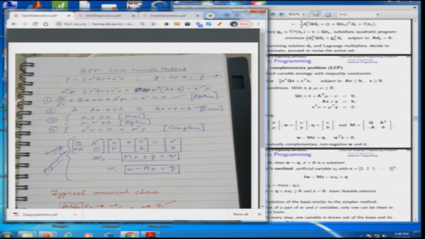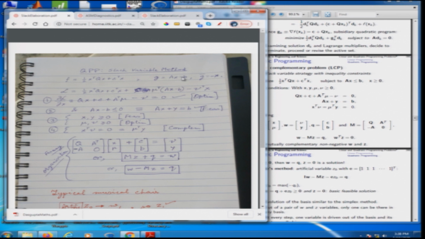So, the Lagrangian will be this whole thing plus mu transpose this plus nu transpose this, and that is why minus nu transpose x. And when you try to find the optimality conditions from here, you basically differentiate with respect to x. So, from here you get q x plus c plus A transpose mu minus nu equal to 0. This is one set of optimality conditions.